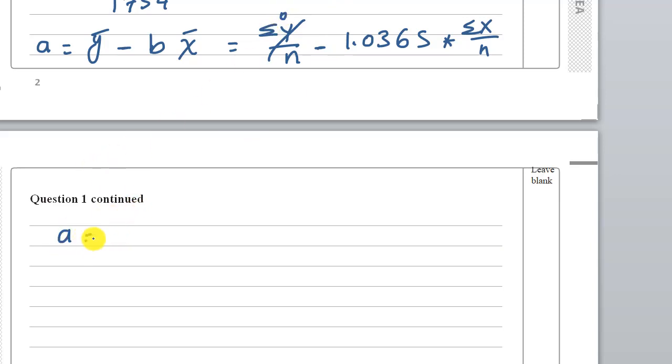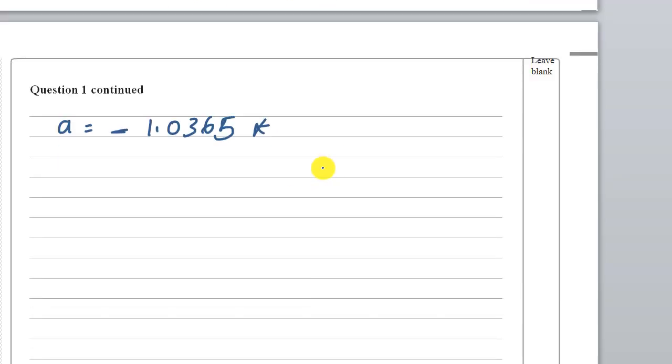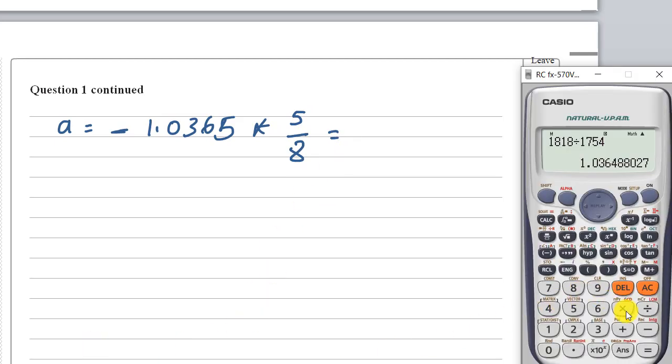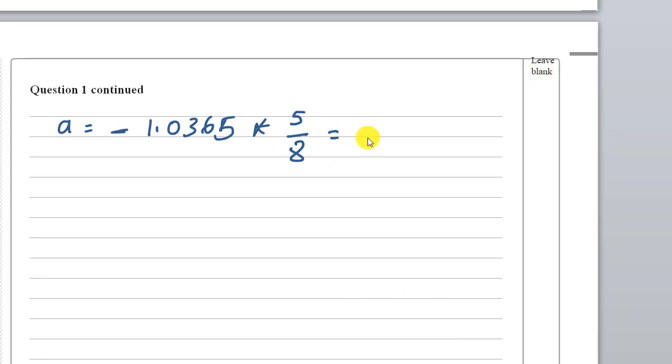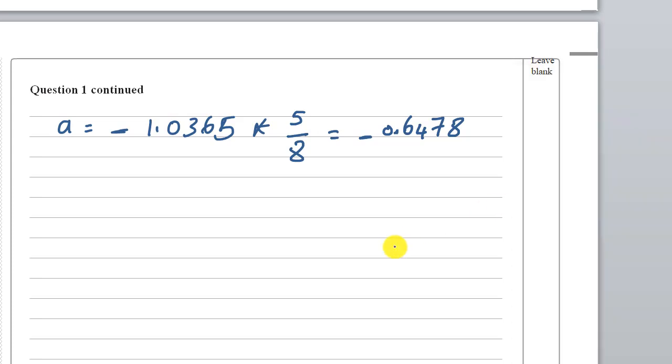So a is equal to minus 1.0365 multiplied by summation of x, which is 5, and n equal to 8, so multiplied by 5 divided by 8. So this is minus 0.6478.